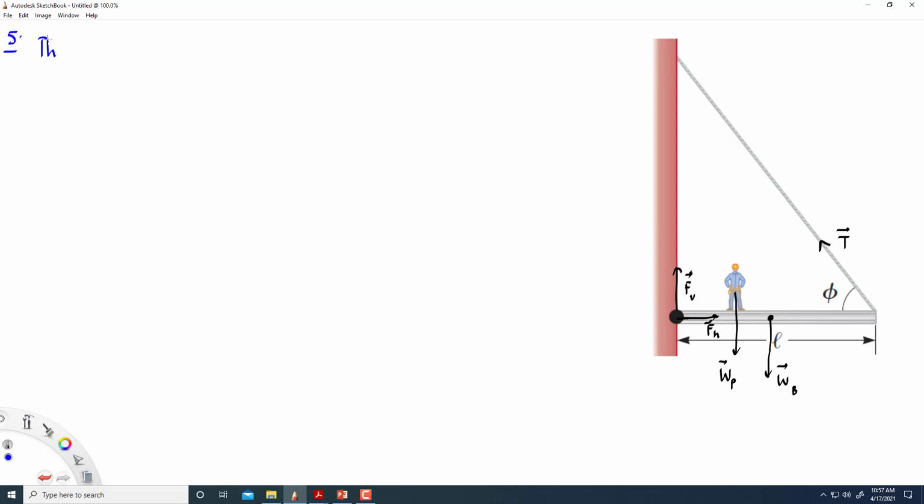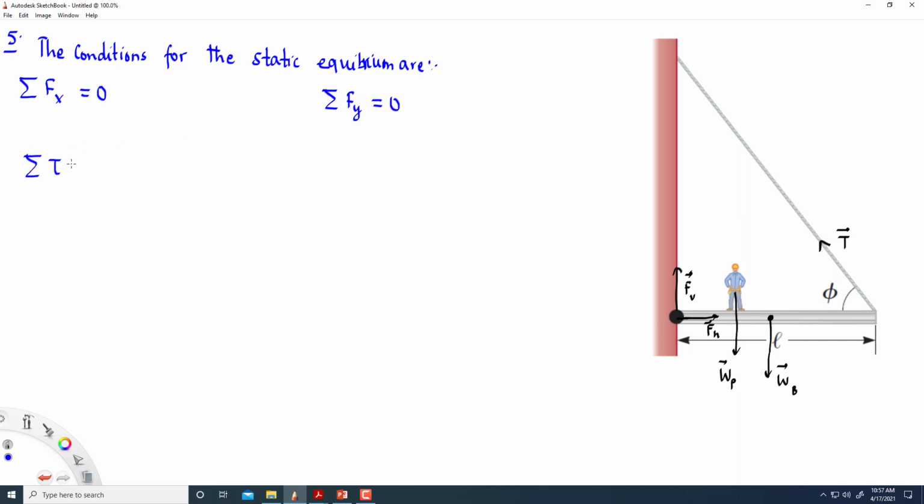So the conditions for the static equilibrium of the beam are the sum of all the forces along x direction is 0, sum of all the forces in the y direction is 0, and sum of all the torques is 0. Okay, so let's apply this first condition.